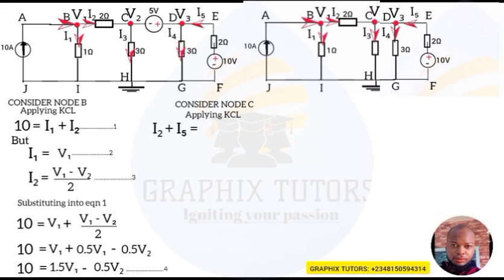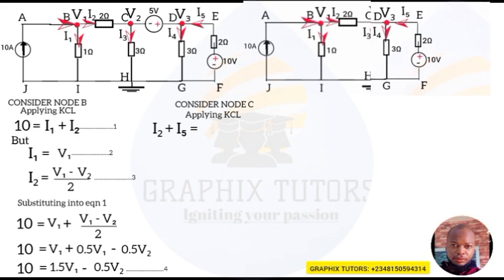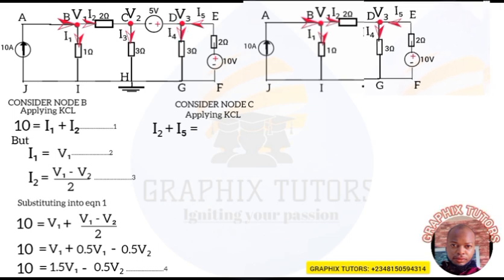So since both of them are coming down, we assume that both of them are leaving point C, because C and D are now 1 point. So we're saying that I3 plus I4. We'll term that my equation 5. Is that taken now? So the current entering equals the current leaving.